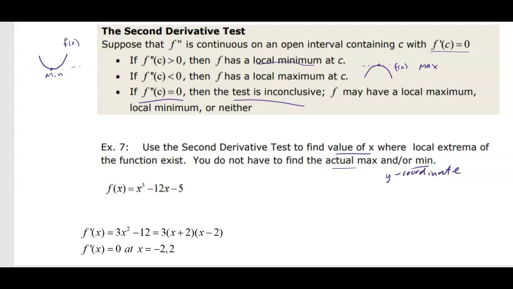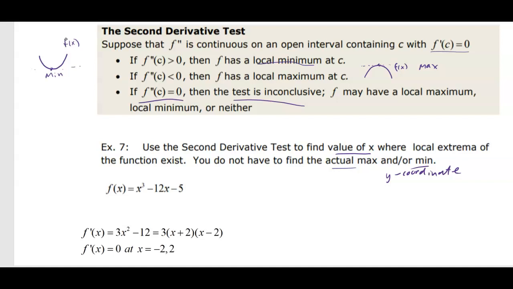Because remember, we're using these tests to tell us things about the function. I think it's easy to get confused because you have a function that looks like an equation, a first derivative that looks like an equation, a second derivative that looks like an equation, and we analyze the first derivative and the second derivative, but the reason we analyze them is to tell us about the function.